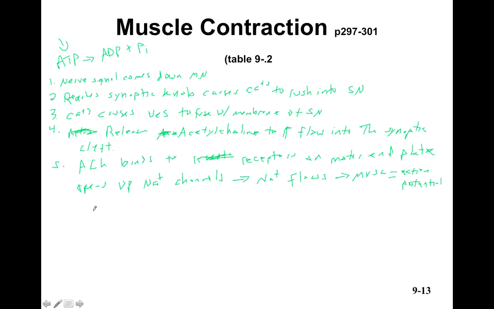So the action potential is just that sodium flowing into the muscle, and it travels down the muscle in both directions, and it also travels down the T tubules.